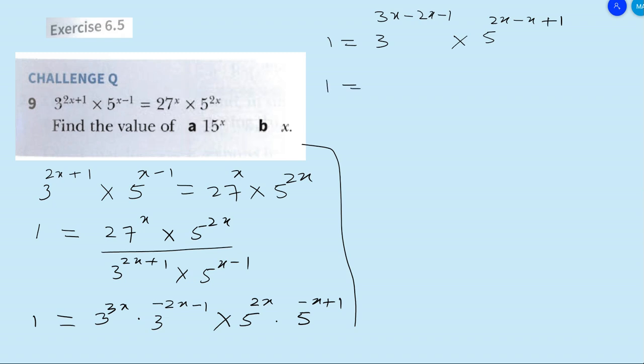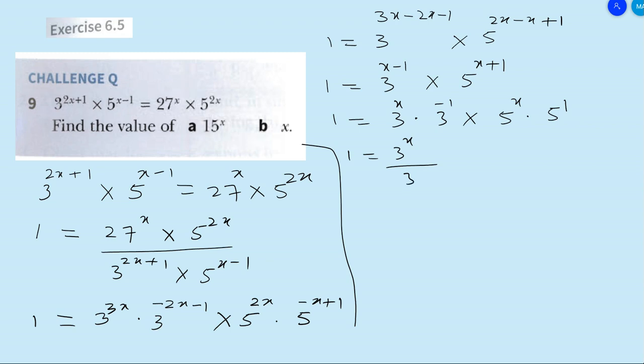So 1 is equal to 3 to the power x minus 1 into 5 to the power x plus 1. Now we can write 3 to the power x minus 1 as 3 to the power x into 3 to the power minus 1, into 5 to the power x into 5 to the power 1. So 1 is equal to 3 to the power x upon 3 into 5 to the power x into 5.